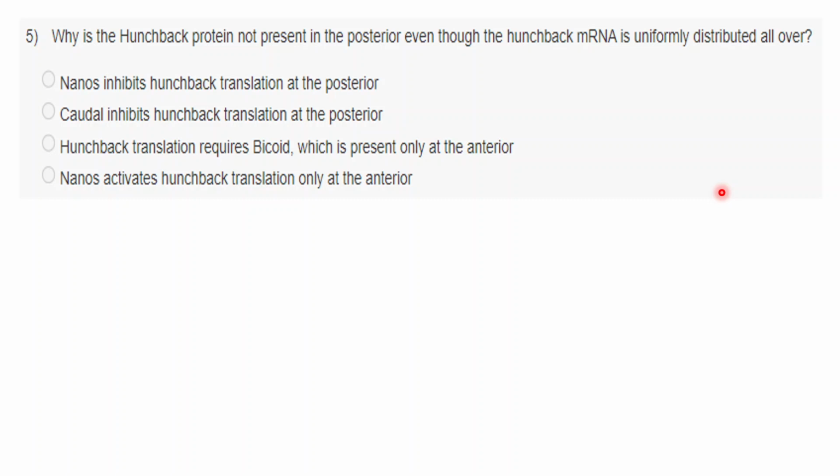And the options are: Nanos inhibits hunchback translation at the posterior, caudal inhibits hunchback translation at the posterior, hunchback translation requires bicoid which is present only at the anterior, Nanos activates hunchback translation only at the anterior. Read through the question and the options and let me know what you think is the correct answer.